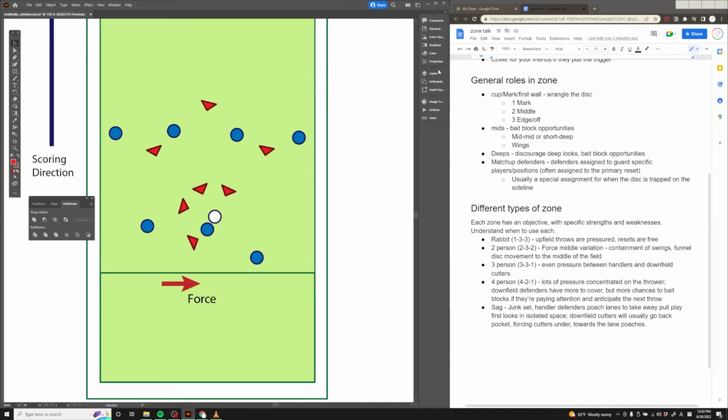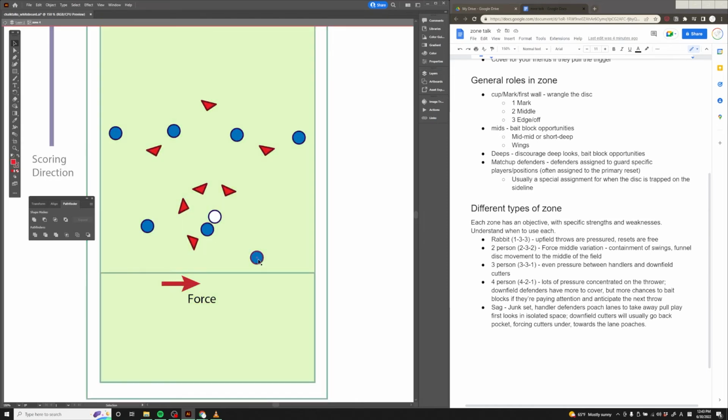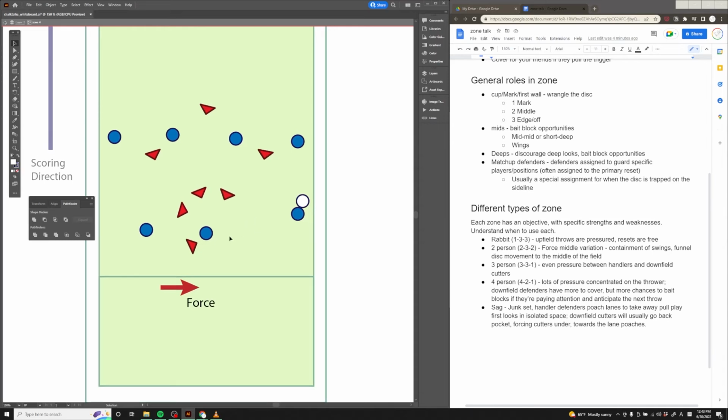And in both examples, for rabbit and for a 4-person cup, we have the option of making a trap call. You can do this in a 3-person cup as well, but for our cases, we'll explain it like this. So the disc is swung to the open side sideline, reset. If we call trap, the trap call will come from the mark or the rabbit, whoever it is.